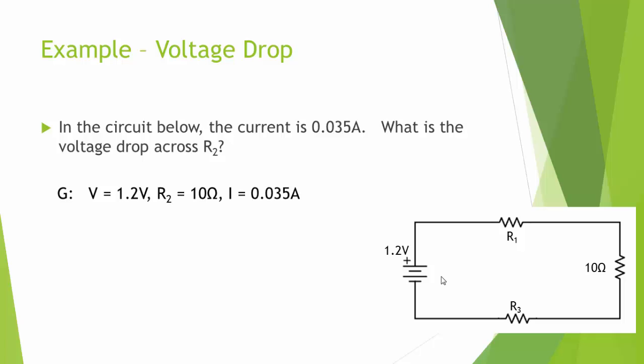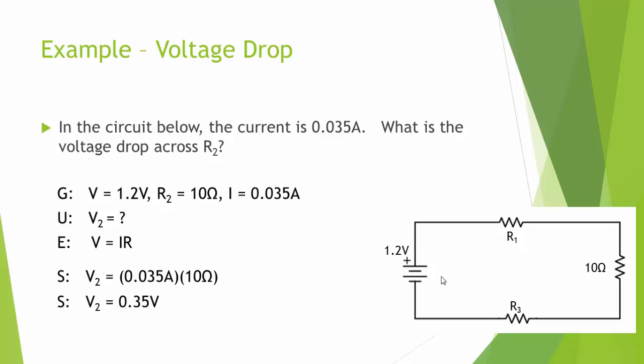Well, we know the potential difference, we know the resistance, we know the current, and we need to find the voltage drop across that single resistor. V equals IR, and we get 10 ohms times 0.035 amps, or 0.35 volts. So the voltage drop associated with this single resistor is 0.35 volts.